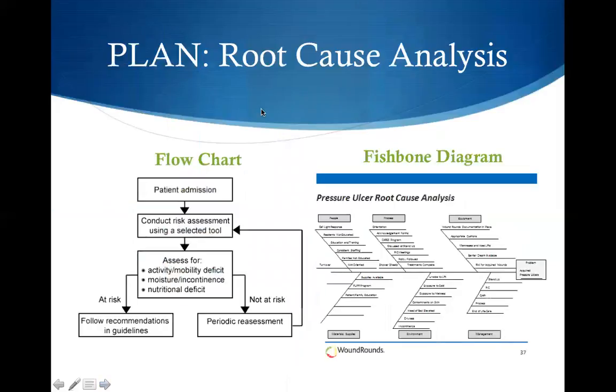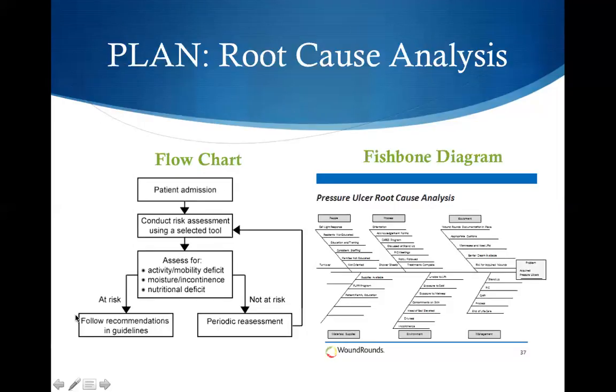So the root cause analysis. For the plan, we did the flow chart, which was where when the patient gets admitted, we conduct the risk assessment using the selected tools such as PUP or the Braden score. And from there, we assess for the activity, mobility deficit, moisture incontinence, and nutritional deficit.